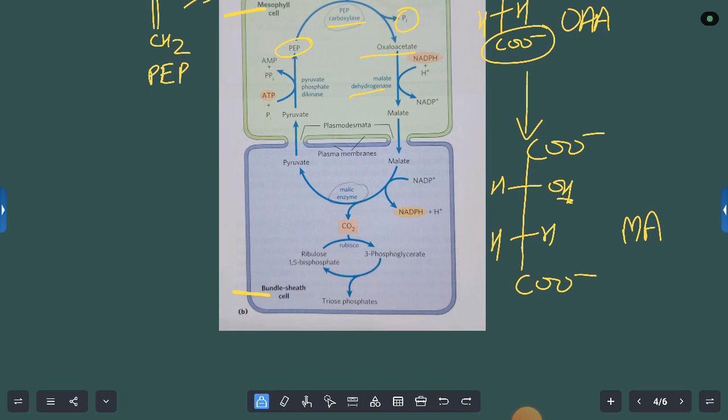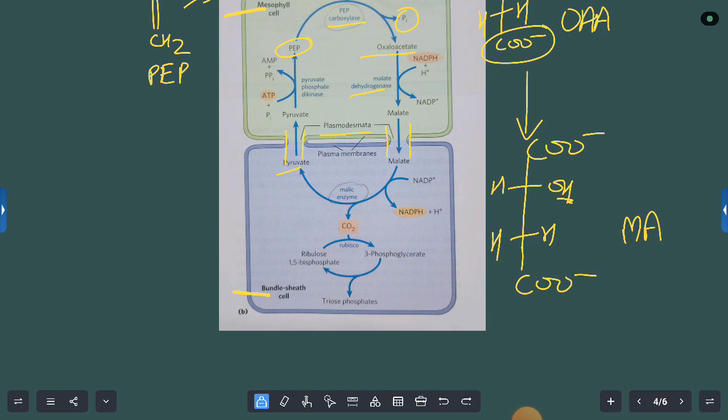It passes through the channels called plasmodesmata, and here the decarboxylation reaction happens. Malate is converted into pyruvate, and this reaction is catalyzed by the malic enzyme.